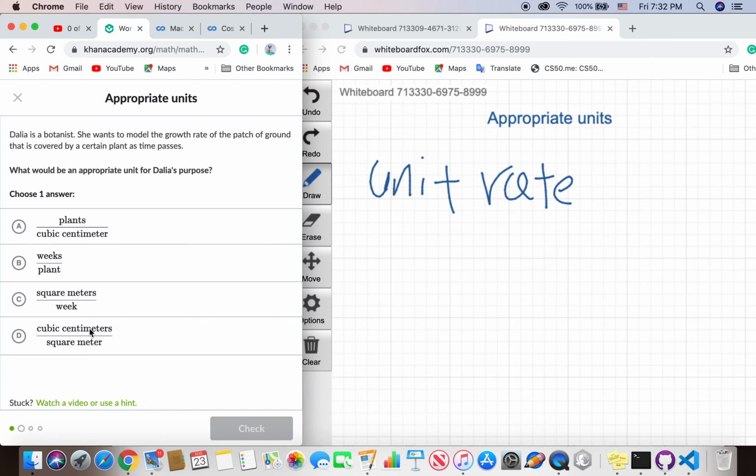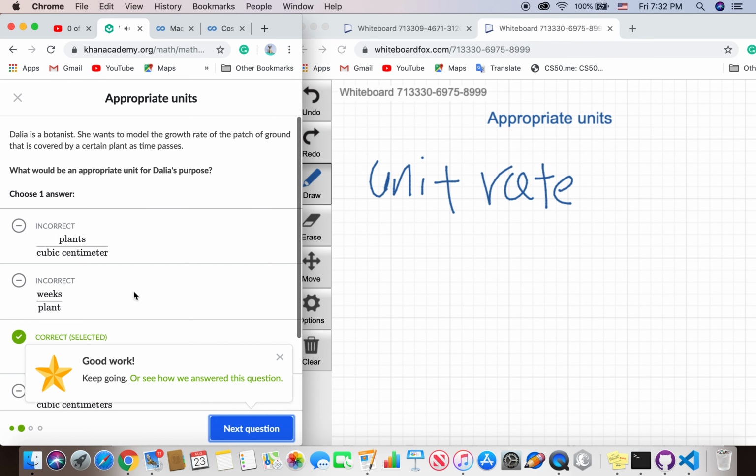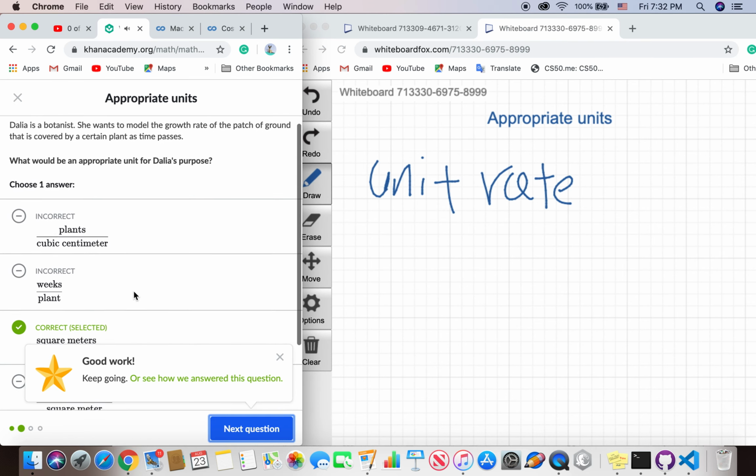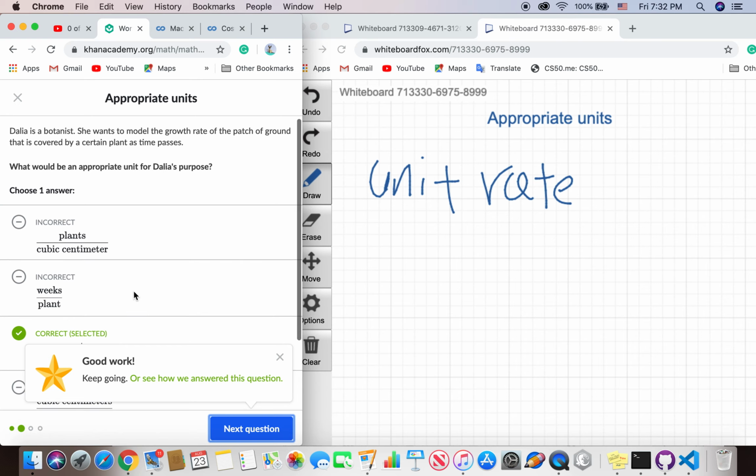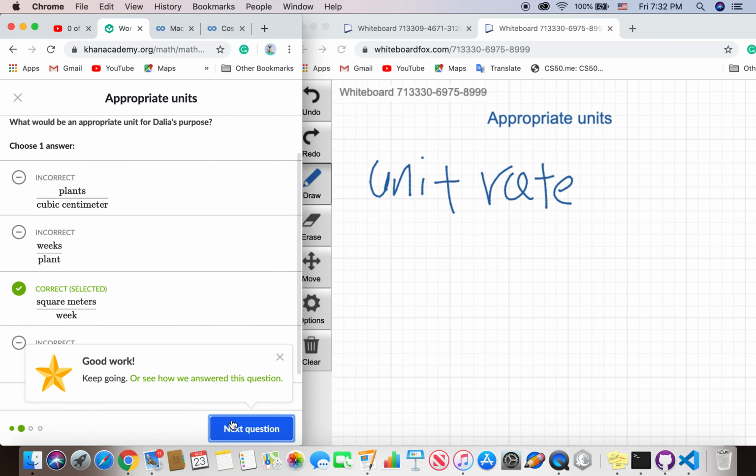So I'm gonna say square meter per week, because square meter is an area, which is a certain ground, and the week is just a time.